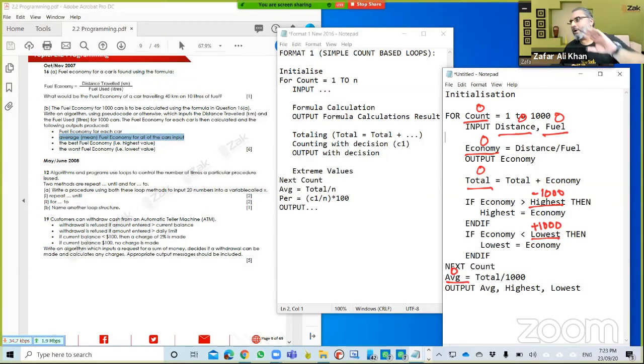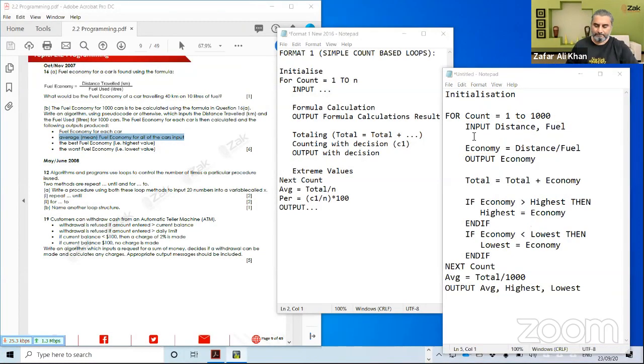So mind it, all of the variables except extreme-value-holding variables will be initialized at 0, and those which are supposed to hold highest and lowest will actually be holding minus 1000 and 1000. Don't ask me why. Just do it, and towards the end of the syllabus, I'll explain why.